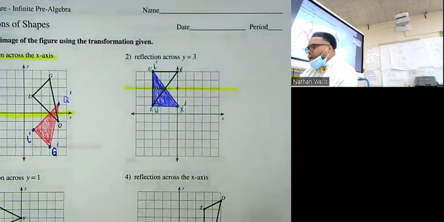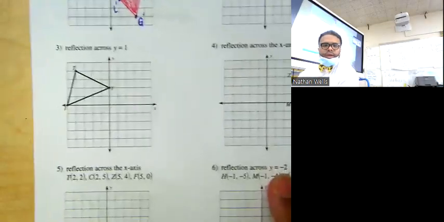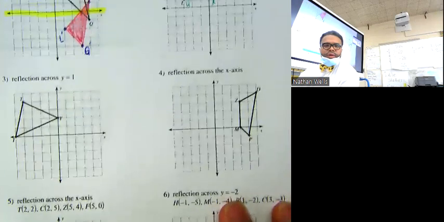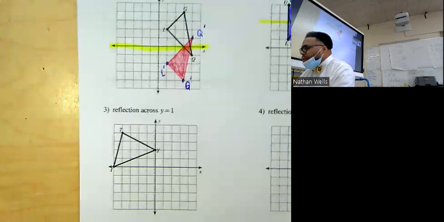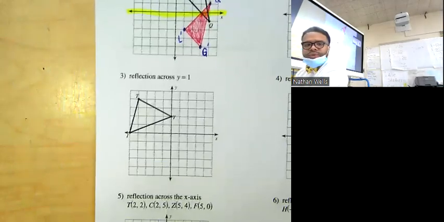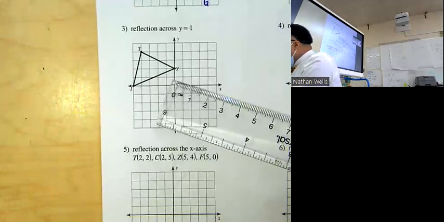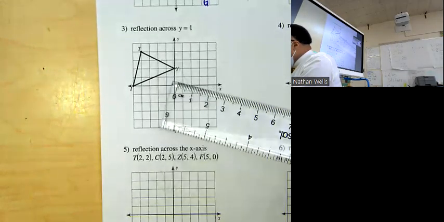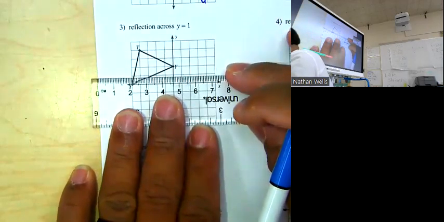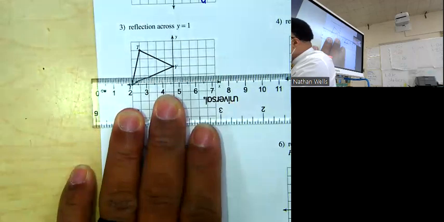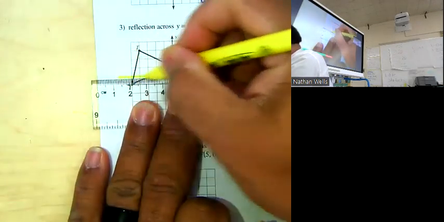I'll do one more. Let's do number 3. Reflect over y equal to 1. Again, find the y-axis, find 1 on the y-axis, and draw a line that crosses over only the y-axis at 1.